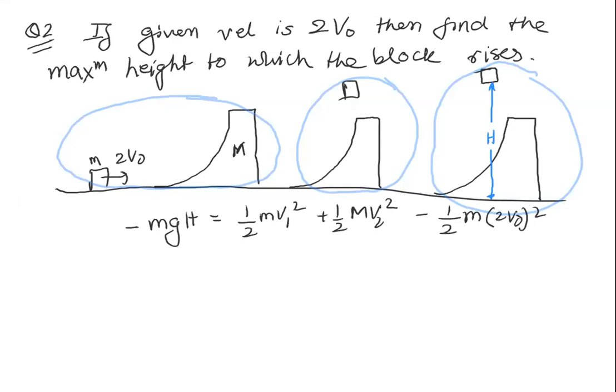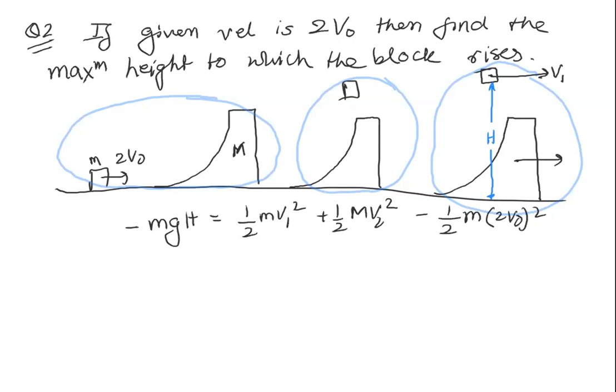V1 is the velocity of this block at the highest point, and V2 is the velocity of this wedge when the block is at its highest point. Now by definition, highest point means that the vertical component of velocity is 0. Therefore, here there will only be a horizontal component of velocity.